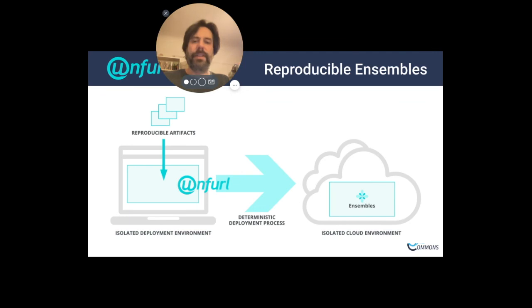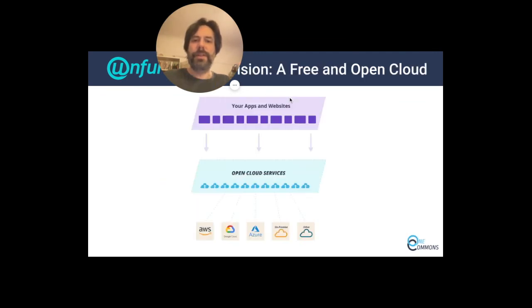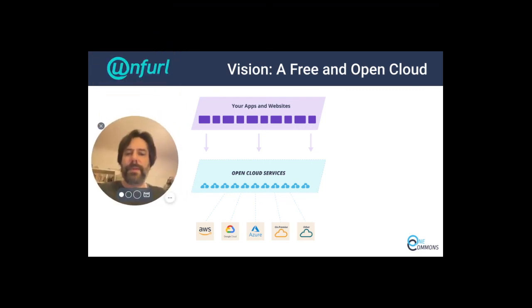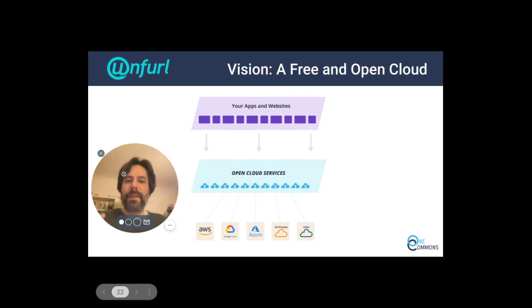That is when we can get to this goal we talked about a little bit earlier, of essentially creating a free and open cloud where, even though we're running on essentially proprietary cloud infrastructure, these hyperscale providers, if we can start to deploy these open cloud services that have this transparency that people can fork and reproduce, and they start to build on top of each other, we can essentially build, think of it as an overlay, a free and open cloud overlay on top of the infrastructure that exists out there.